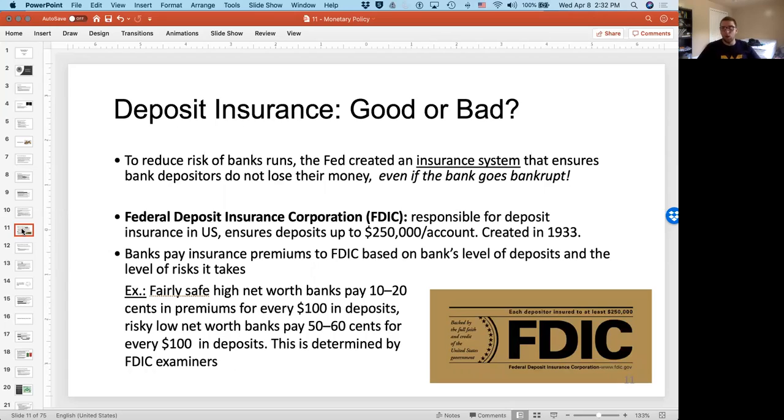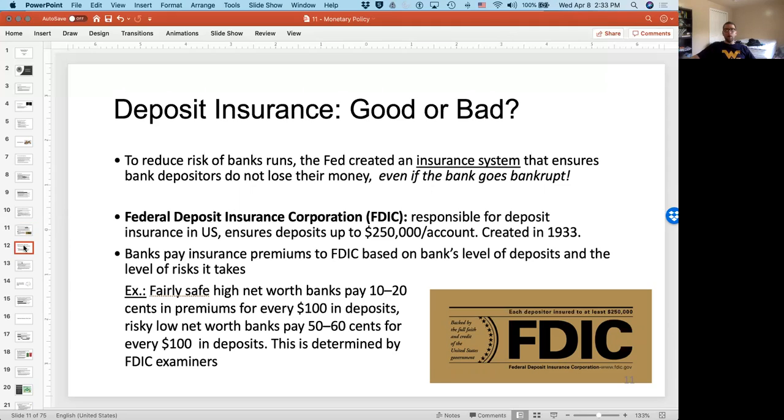If you have $1 million with the bank, you're just gonna have $250,000 back. At least it's a safety net trying to guarantee that you don't lose all your assets at once. The Fed is trying to avoid the population also getting a huge impact if the bank goes under, right?